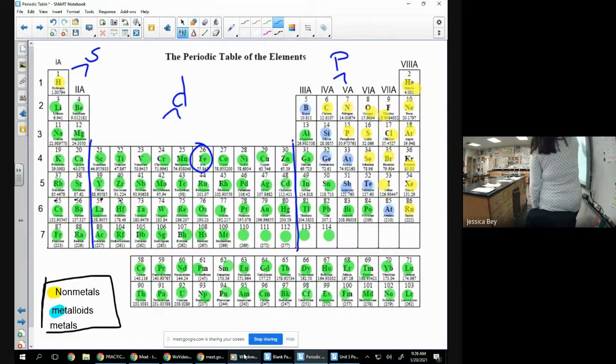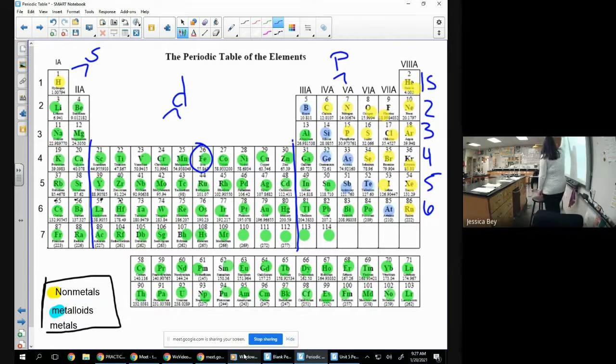Do not be confused that this is also 1S. Awesome. So when you're reading it, remember that S is full with 2, D is full with 10, and P is full with 6 because there's 1, 2, 3, 4, 5, 6 items there.